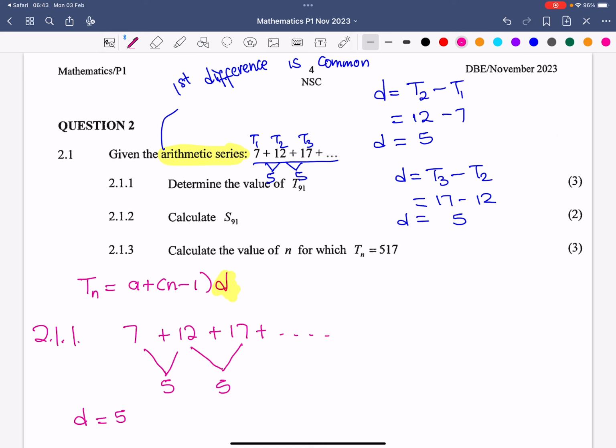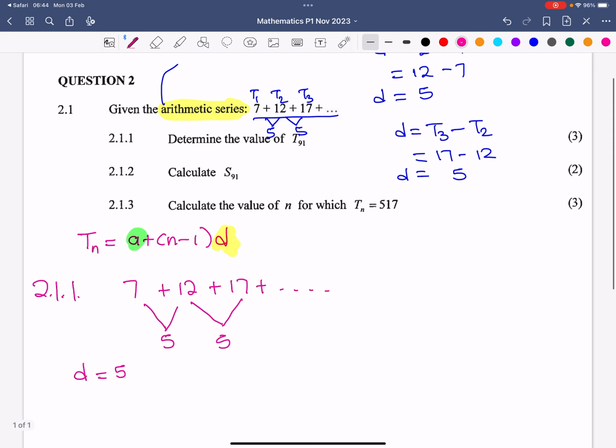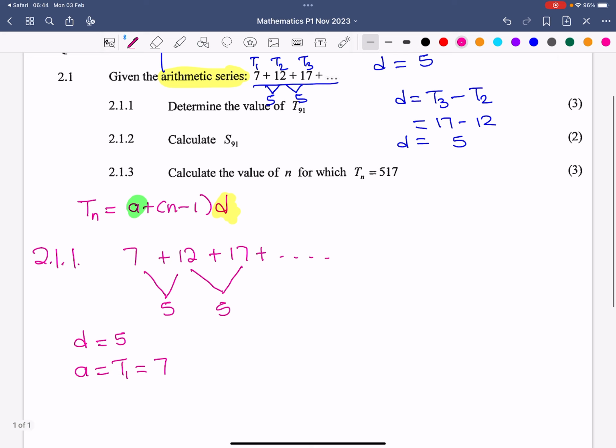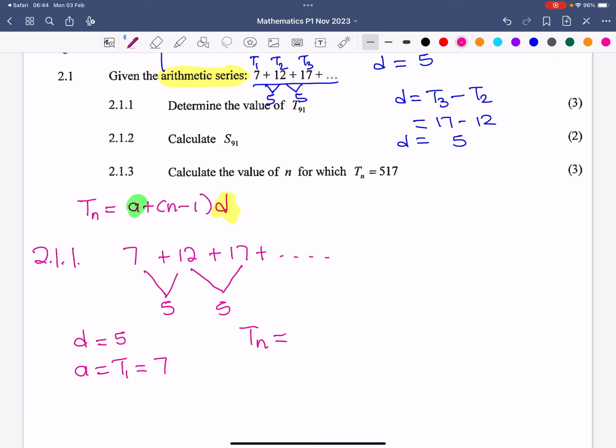And then the value of a is equal to T1. So a is equal to term 1, which is equal to 7, right? So we already have that. Now we can determine our general term. So Tn is equal to, what is our a? 7 plus (n minus 1) multiplied by d.